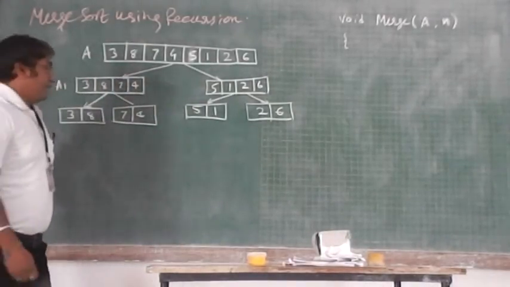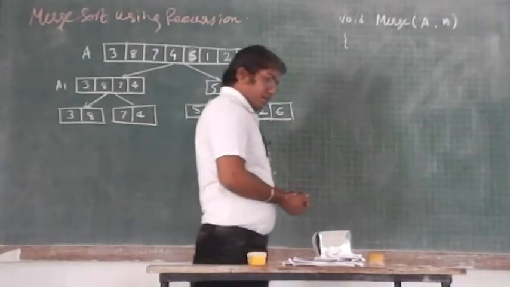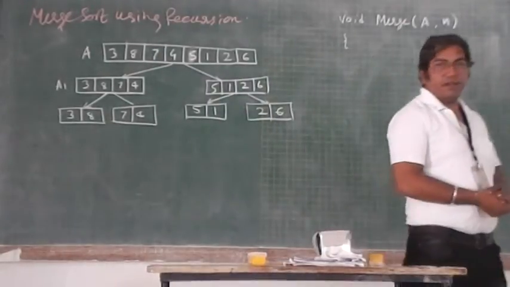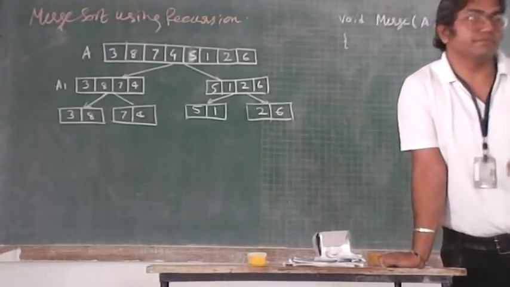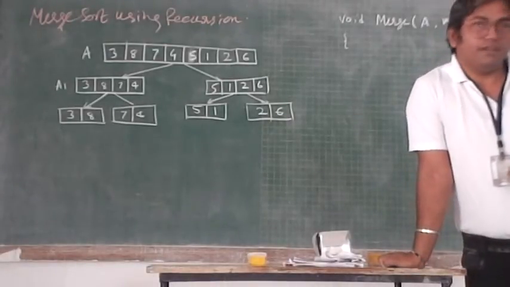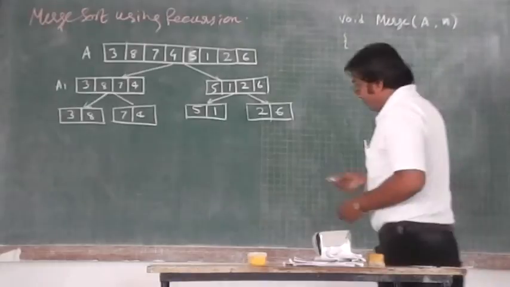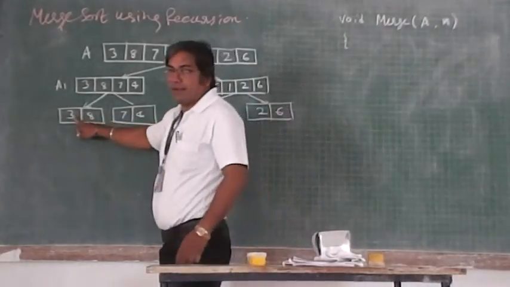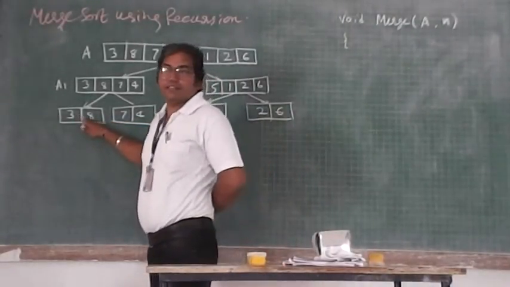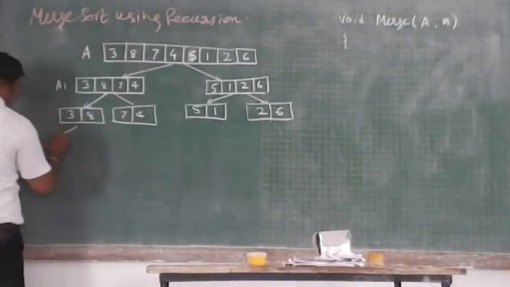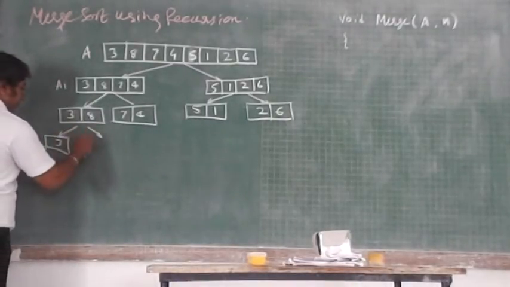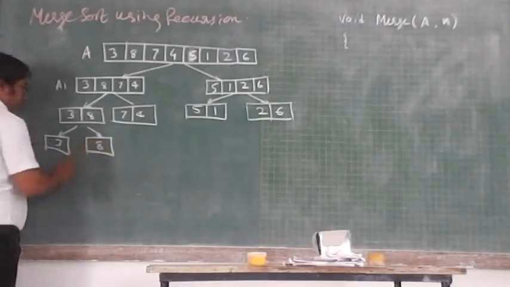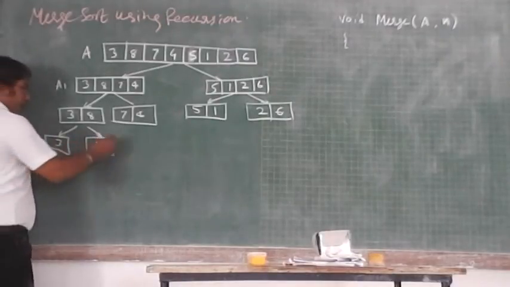I go on dividing this array until I find an array with a number of elements which I cannot divide further. Okay? Means if this array is able to divide, still this array is able to divide, then in that case I just divide. I will get 3. This is a sub array of size 1.